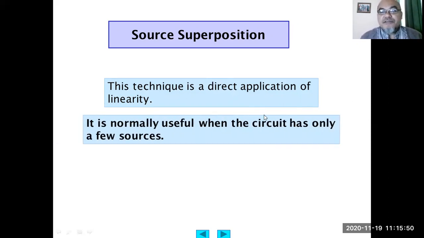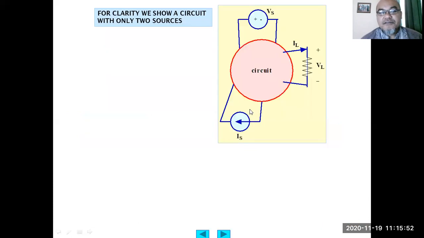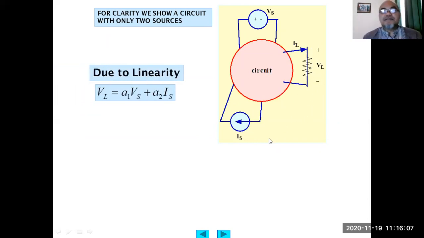It is normally used when the circuit has only a few sources. For example, here we have two sources, one voltage source and one independent current source, and we have a load resistor here and current flowing through that load resistor.